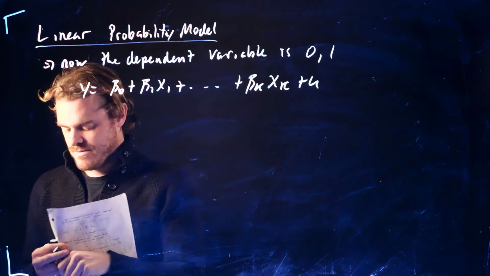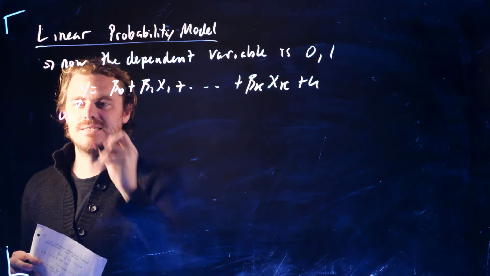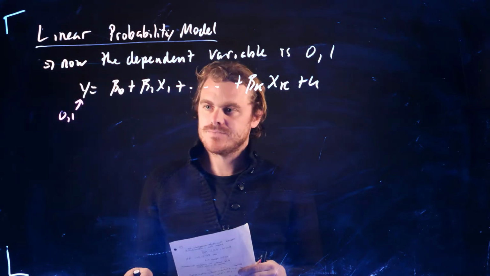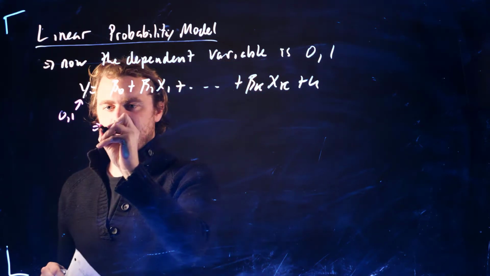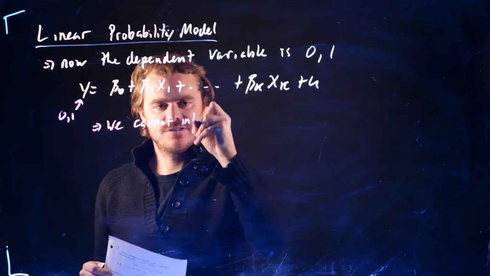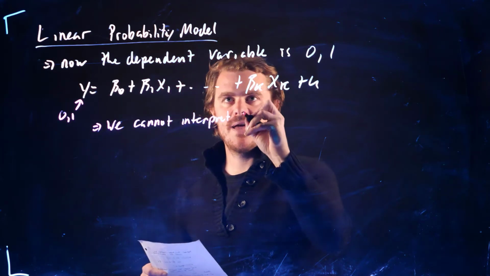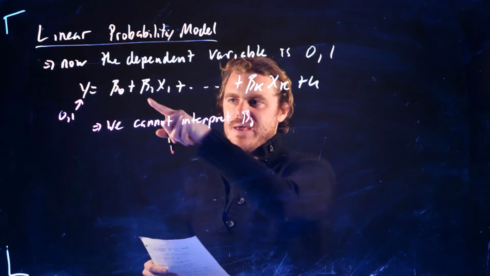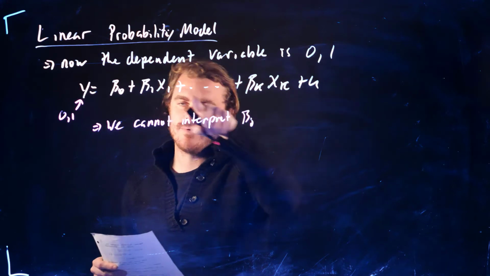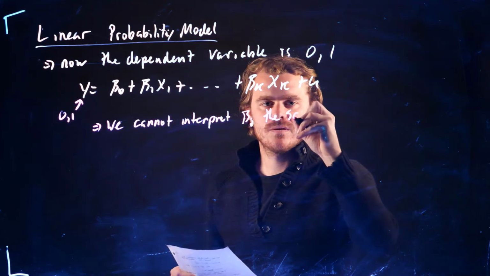And this now is a 0, 1 variable. And so the key thing here is that we cannot interpret beta j, so one of these slope parameters, or any of the betas really, the same way as before.